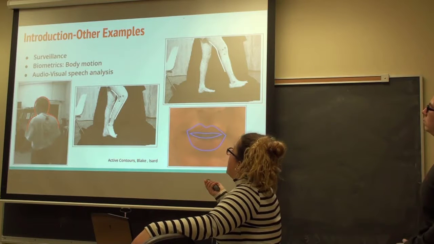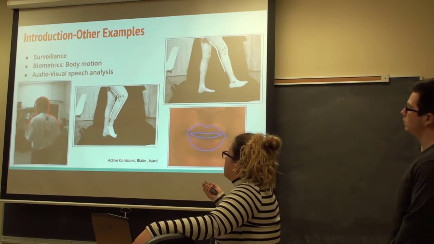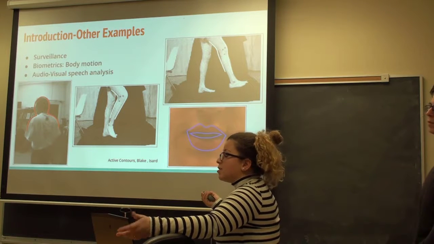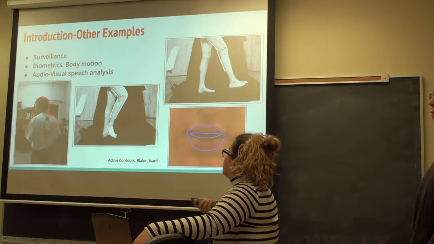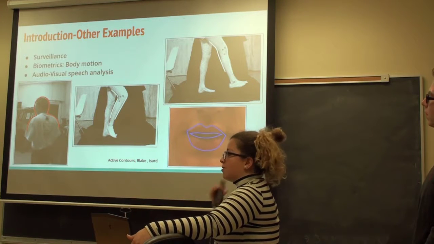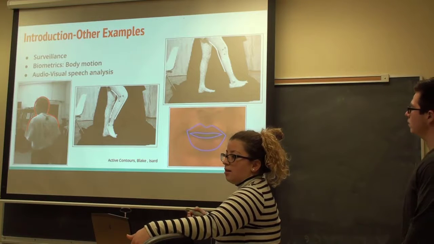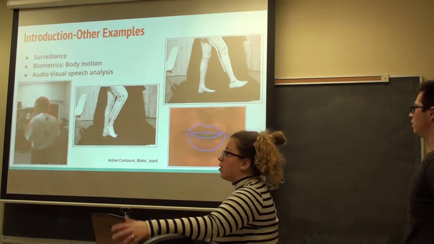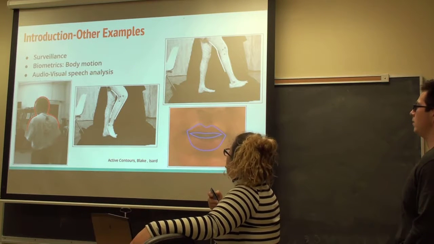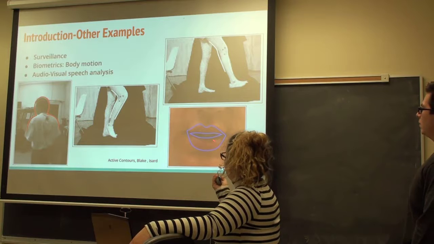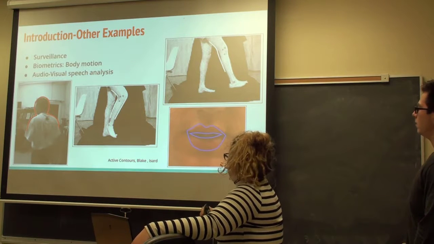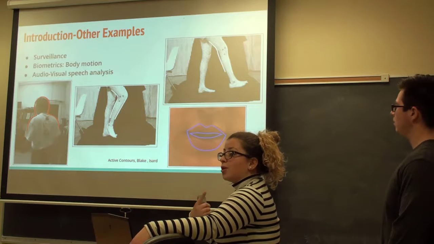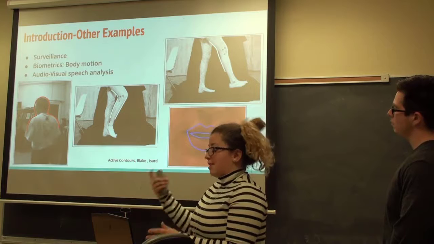Another example is body motion. This is used for movies and to create animations, and it's also used to track how the body moves. So if some athlete is training and has some injury, they're tracking how the movement goes. Another example of how we can use active contours. And also here there is this new software from Adobe that can track how you move your lips, and we want to show you an example of this.